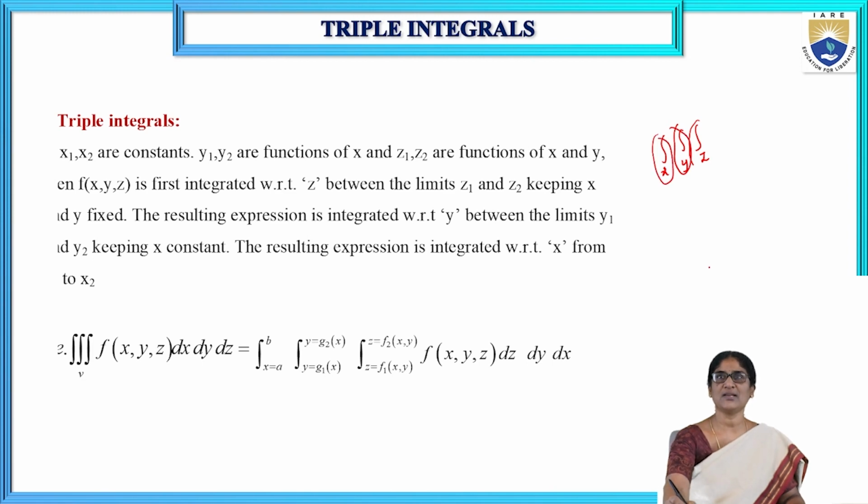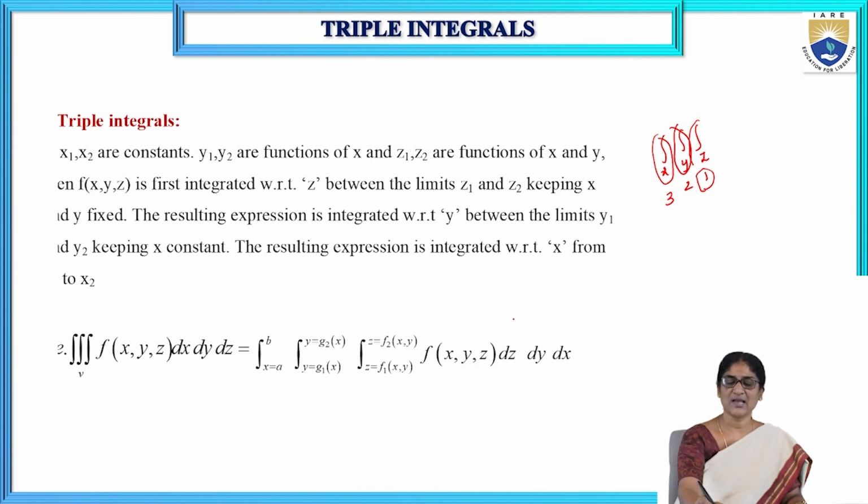If all three limits of x, y, z are given as constants, then simply you need to follow the order 1, 2, 3. That means first the inside integral is done first, and then 2, then 3.